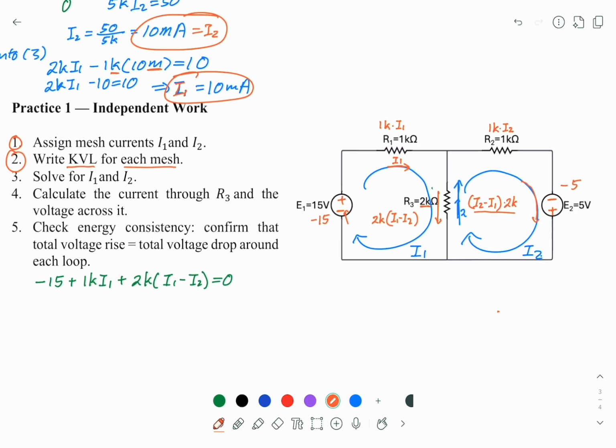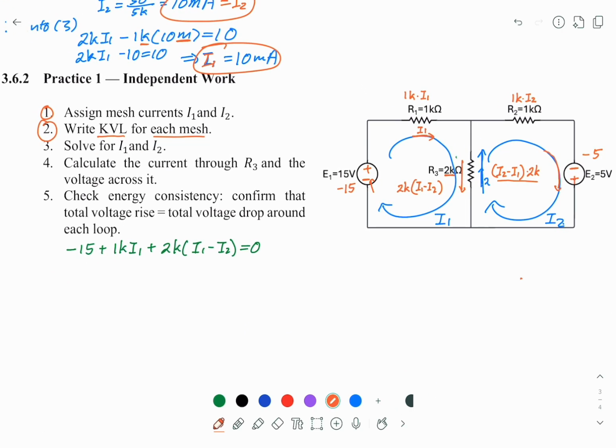So now we have 3 terms, we can write it down: minus 5, positive 1K I2, positive 2K (I2 minus I1) equal to 0. These are equations 1 and 2.